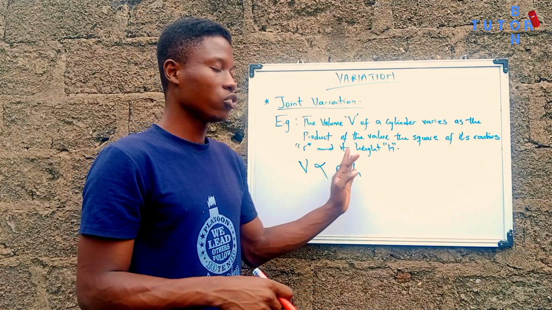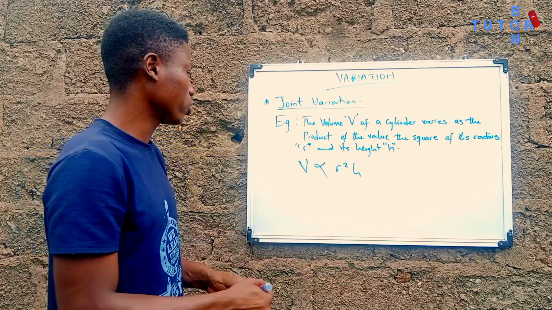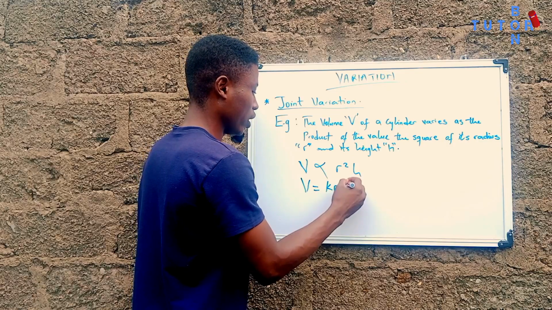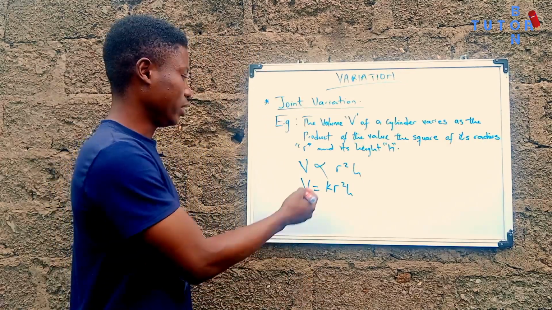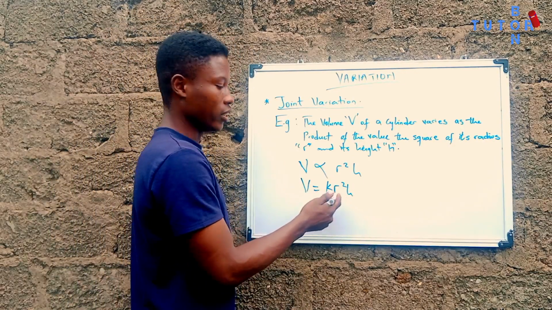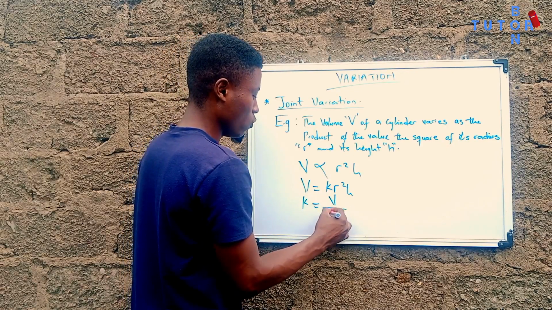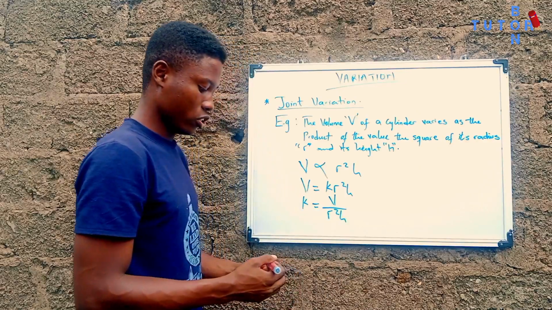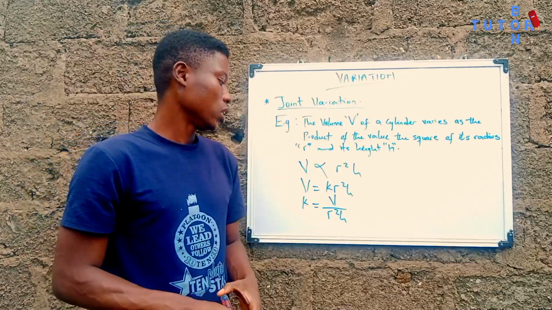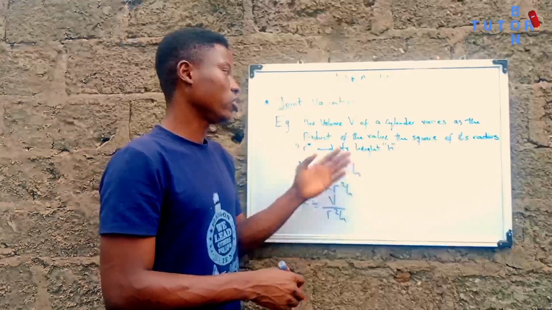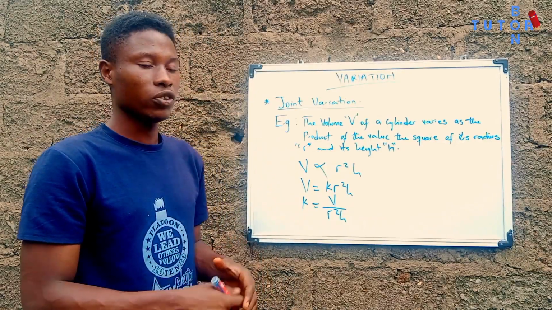So V varies to the two, and if you introduce the constant, your V equals k r squared h. And therefore, if you're looking for your constant, k is equal to V over r squared h, which will be your final answer. This is a typical example on joint variation.